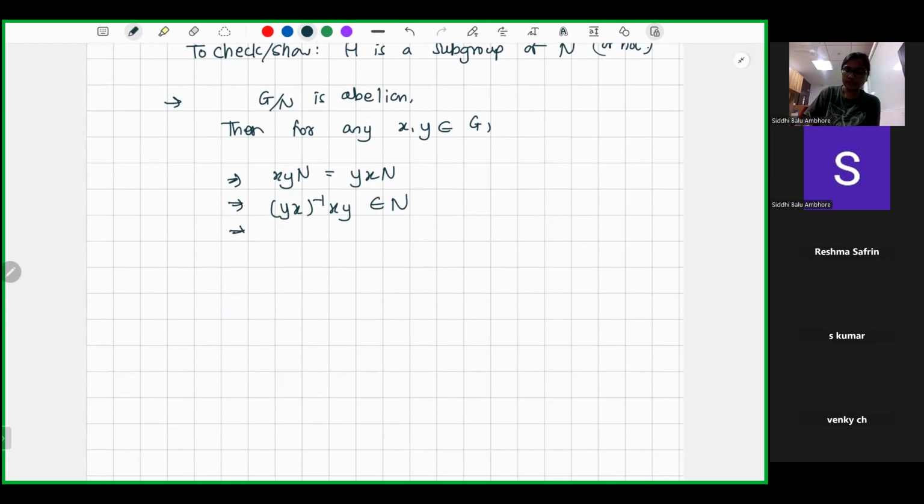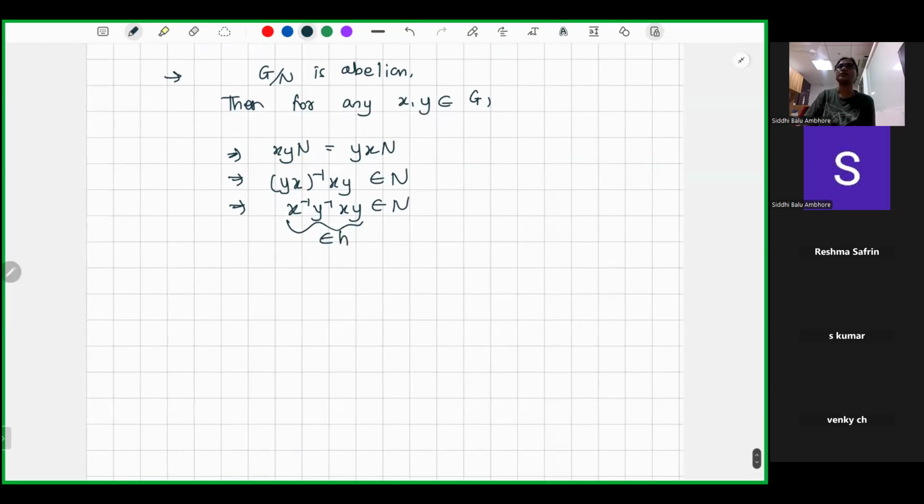And this is x inverse y inverse x y belongs to N. But this is how the elements of H look. So therefore H belongs to N.